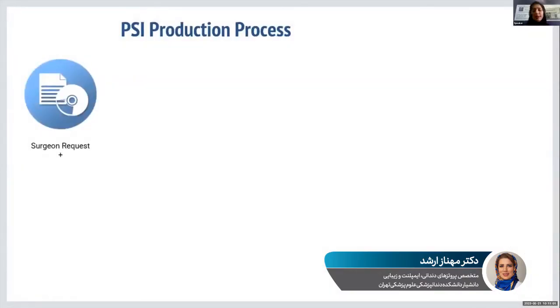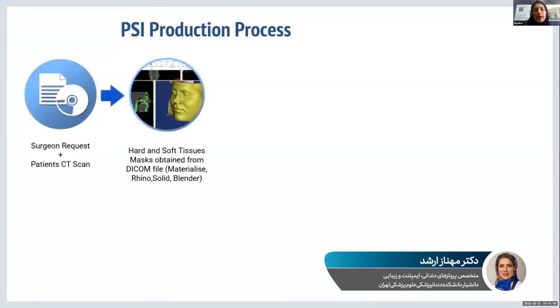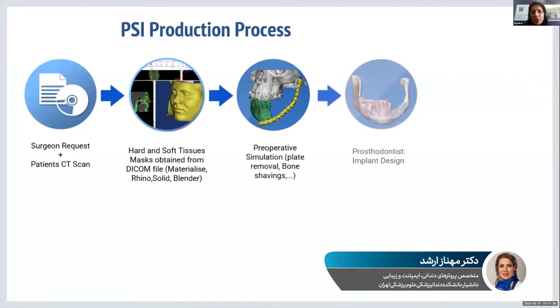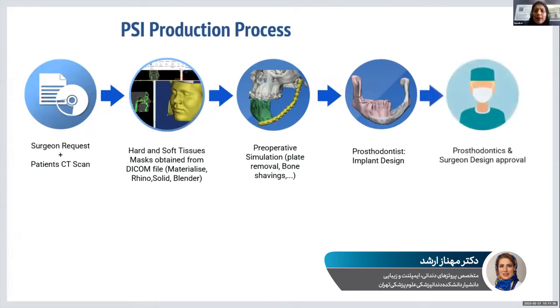For the procedure, at first, the surgeon requests the patient to take a CT scan. So we see and check that the patient doesn't have enough bone. And then we make a surgical stent, and then the patient takes a 3D CBCT or 3D CT, and then we design the subperiosteal implant up to the patient's jaw or patient's prosthesis, and then after the prosthodontic surgeon approves the design, it's printed.